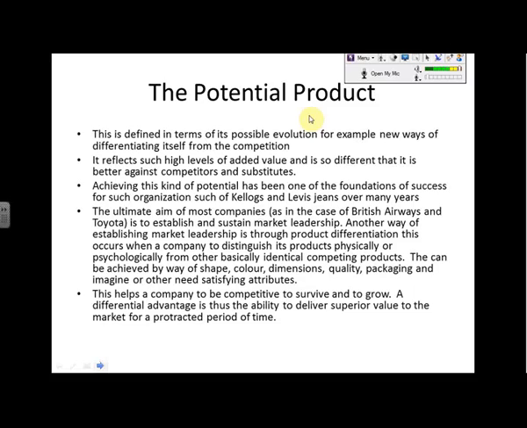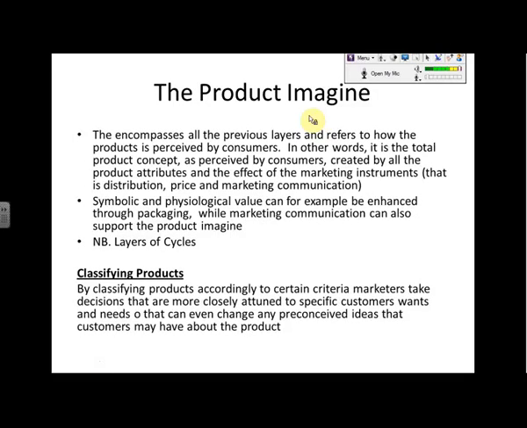A differential advantage is the ability to deliver superior value to the market for a protracted period of time. The longer you are able to be within the market, the longer you are able to give a different service, the better you stand within any given market.